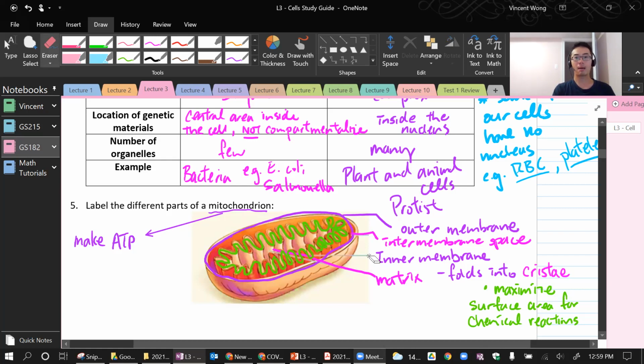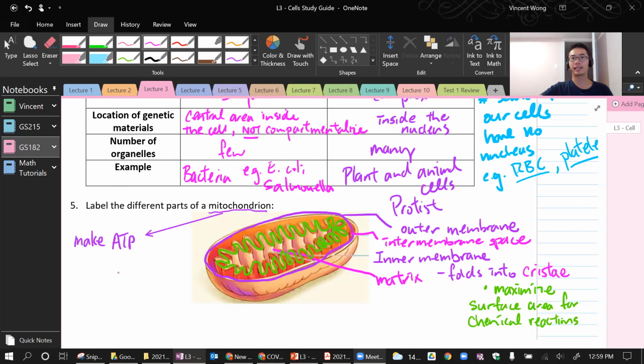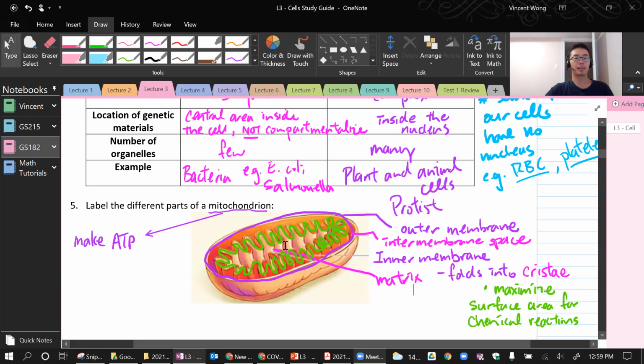Exactly what happens in all these places and how ATP is produced, we are going to find out in lecture number 5. That's not going to happen until after the reading week. Okay, and I'll tell you when that is if you're not sure. But that's the mitochondria. Any questions?